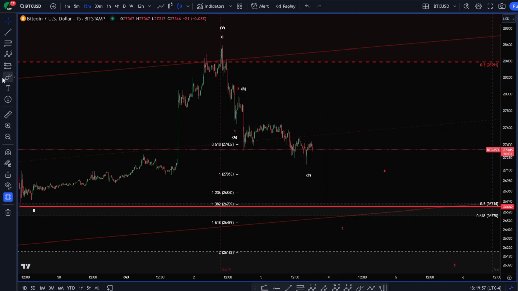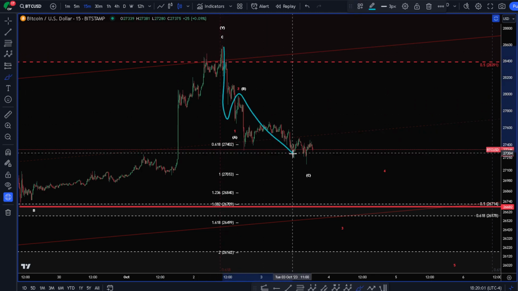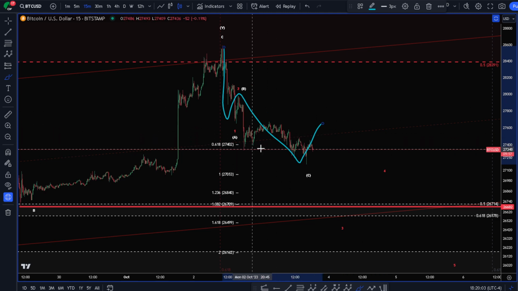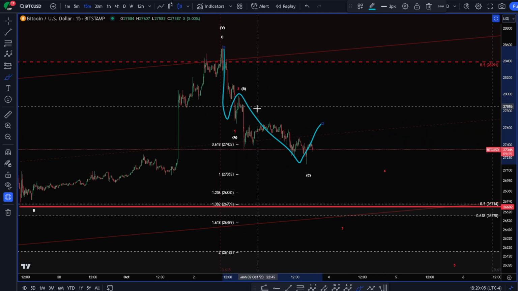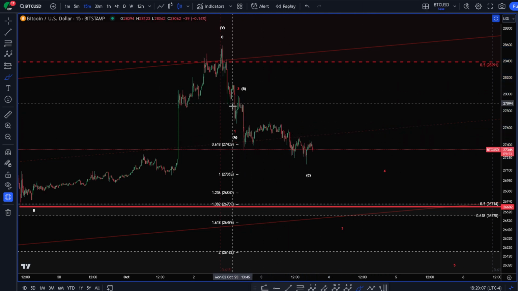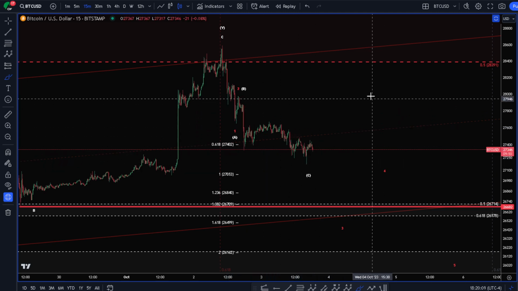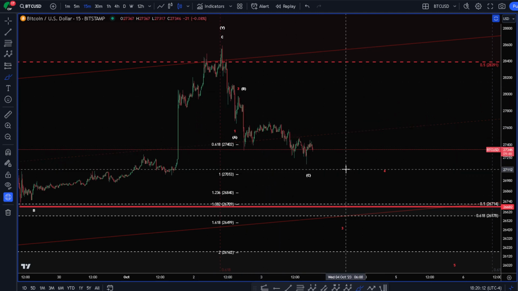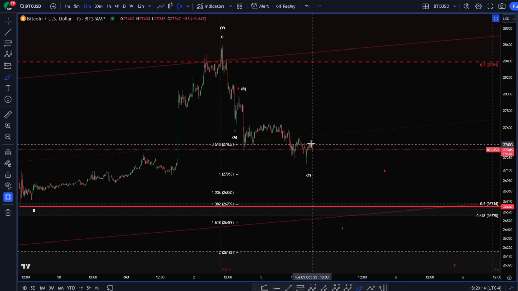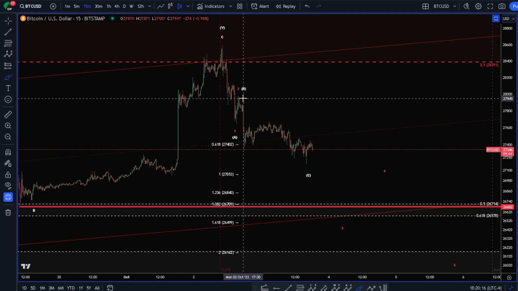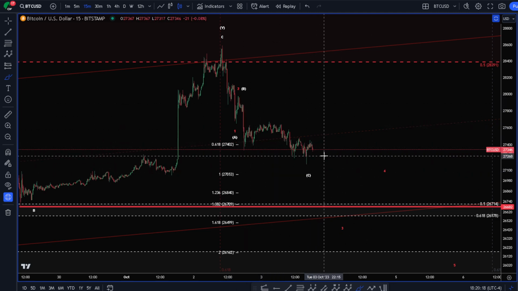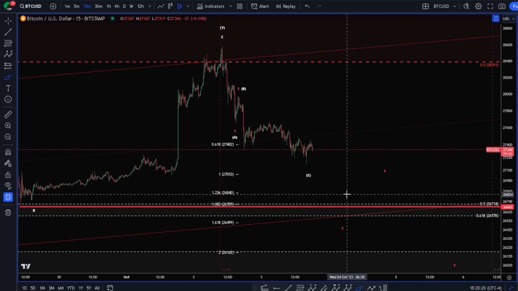Usually what I look for is if this is the 1, 2, 1, 2, I'd expect the second 1, 2 to be smaller in time than the first 1, 2. You can see it's kind of spread out over time. It's more of a guideline than a rule, but I start to second guess things when it's taking more time like this.